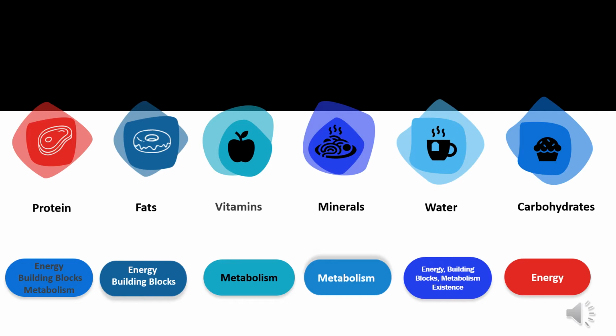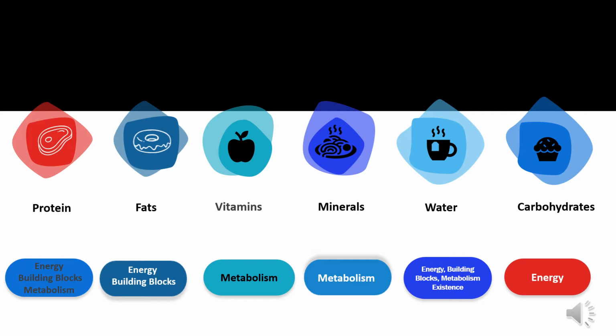So here is another slide that just kind of tells us in a brief way what these different nutrients do in our body. So protein is really important for metabolism, energy. It and fats also are part of the building blocks. So is water.